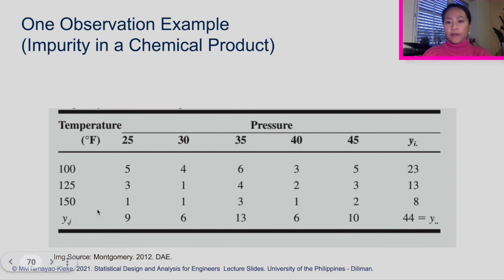You have your temperature for the rows and your pressure along the columns. As you can see, there's one observation per cell, which means we only have one replicate. We already have here the computed row totals, column totals, and the grand total.